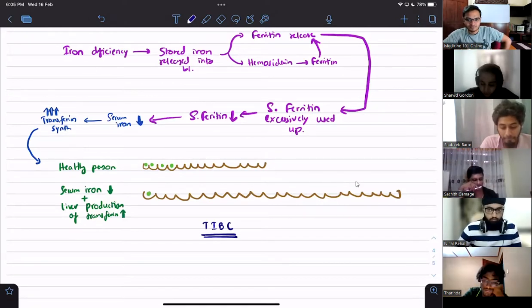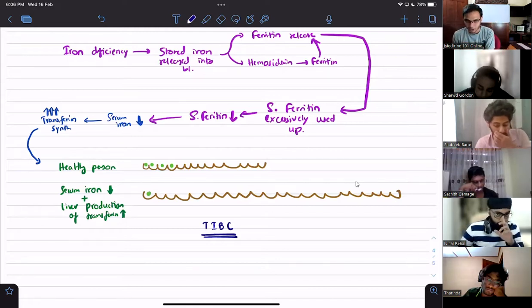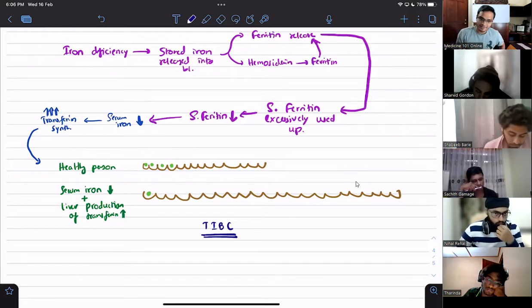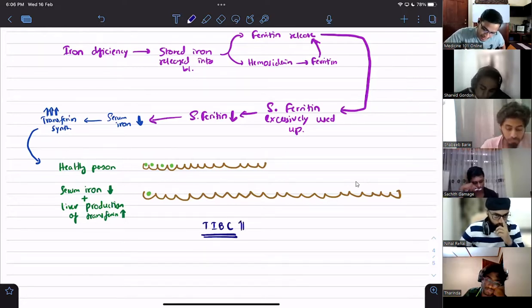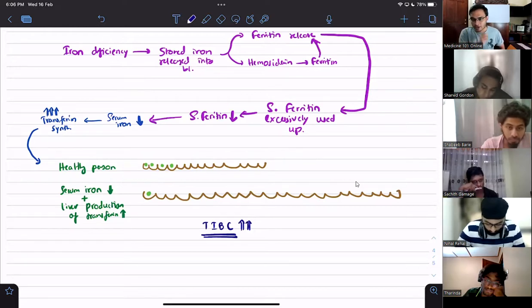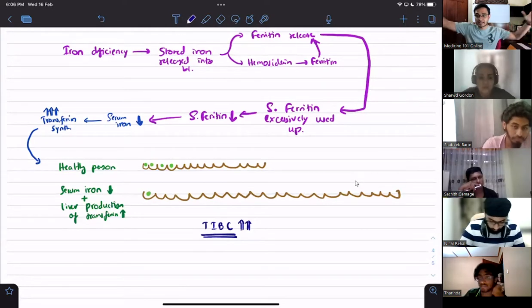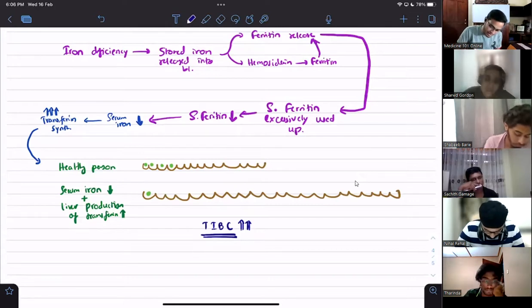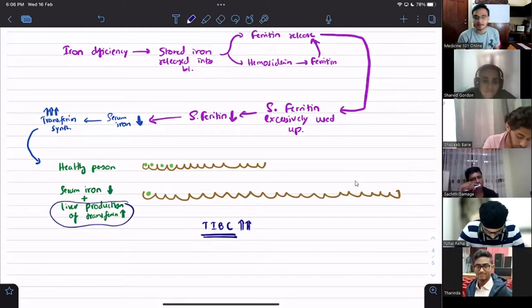Total transferrin: free transferrin plus transferrin bound with iron, both together, right? Now in iron deficiency, TIBC increases. Why? Although the bound is low, the free ones increase a lot. Liver is trying to compensate. Very important to understand this.